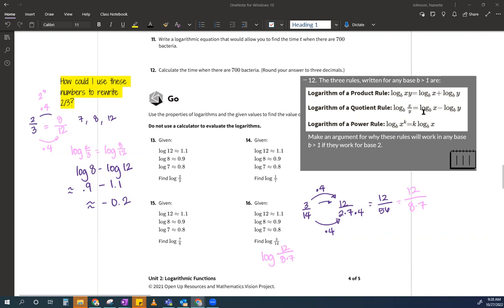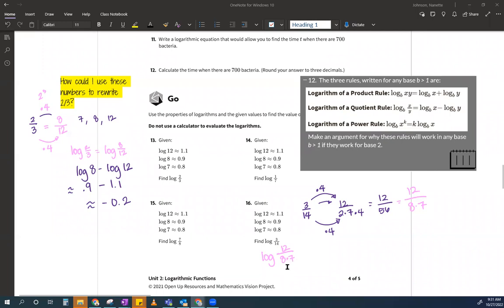Right? So then how would you use these rules to rewrite my log? So can you use these rules? I'm going to pause it to now use those rules. Okay, so someone says, hey, Ms. Johnson, can you do all of these rules kind of at once? Kind of, but make sure that you understand what you're doing, okay? So the way I see this is the numerator, and these are the denominators.